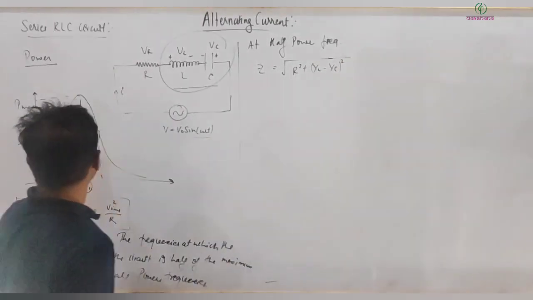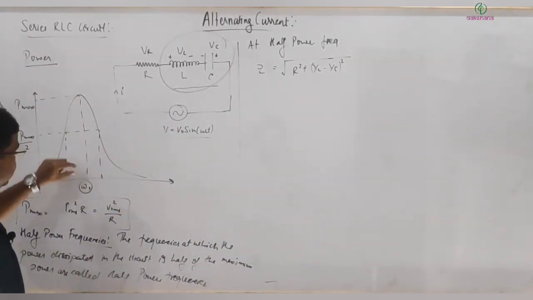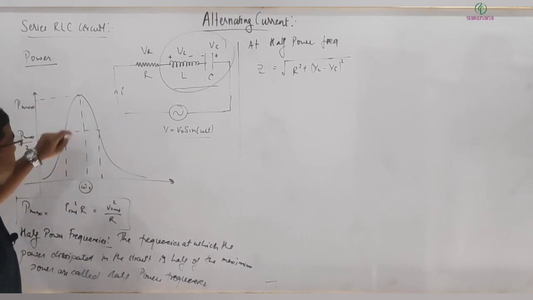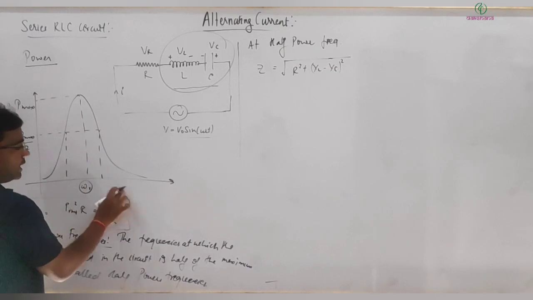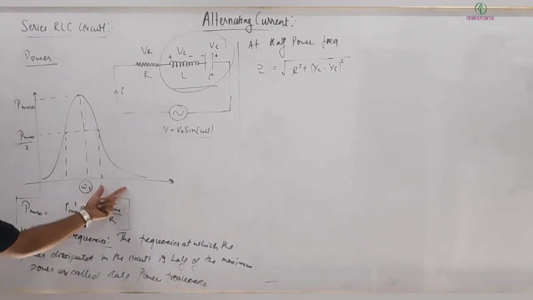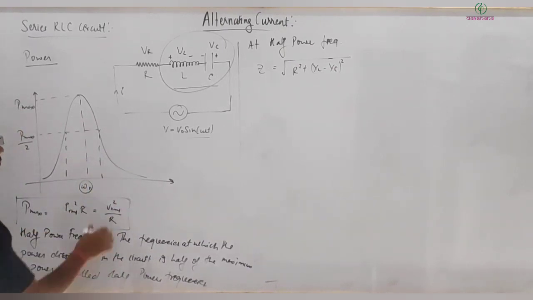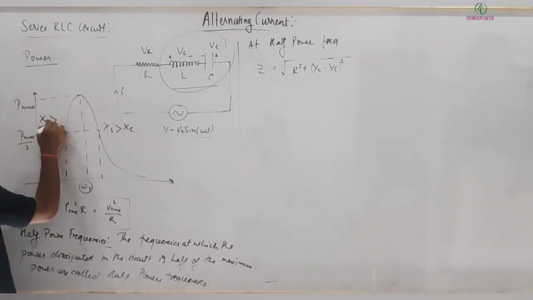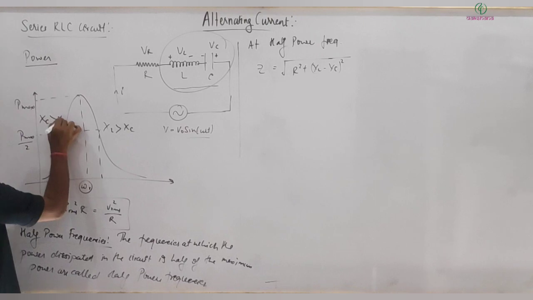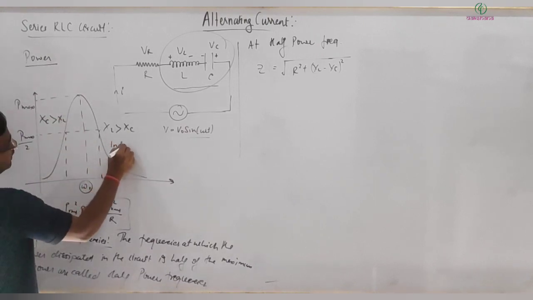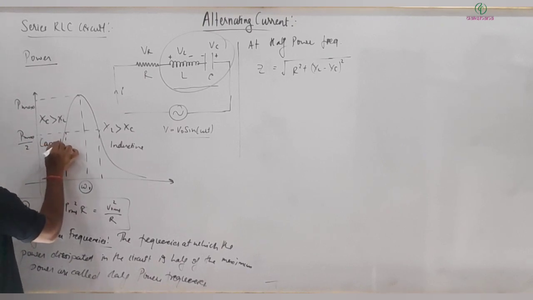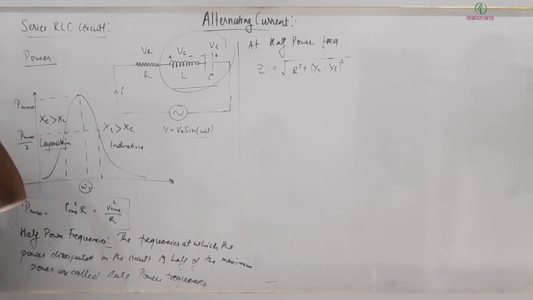Right, and one more thing, exactly at this omega, my circuit is purely resistive, and here we have seen that at high omega, high frequency, it is becoming inductive, XL greater than XC, and on the other side XC greater than XL. So here it's an inductive circuit, and it's a capacitive circuit. Right, that should be clear.